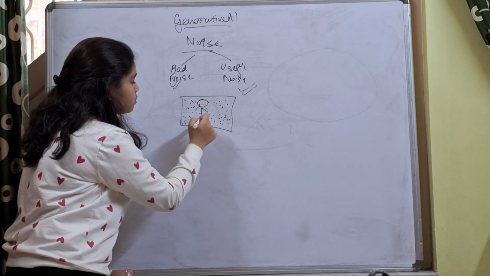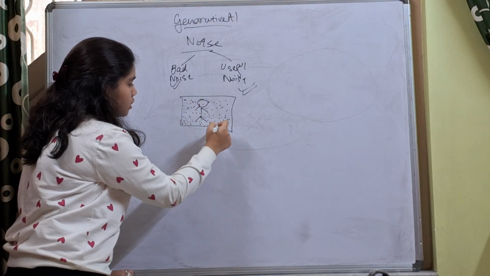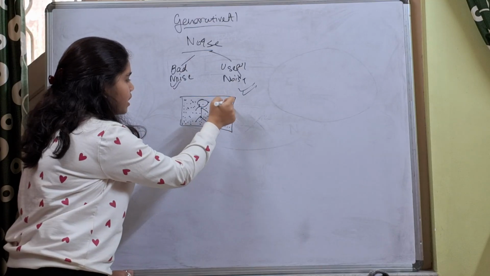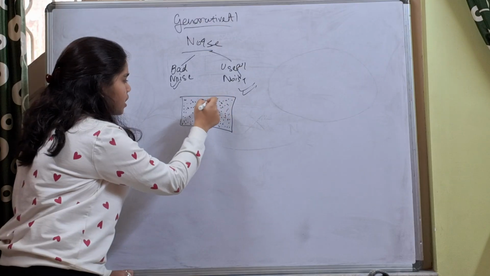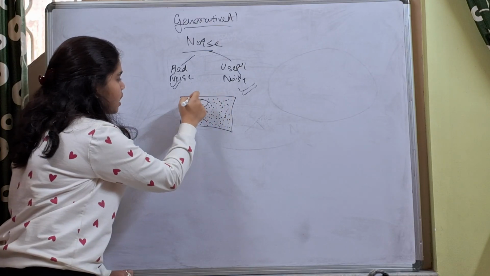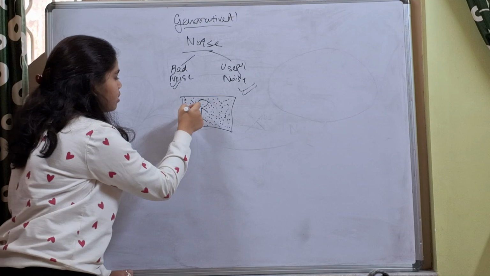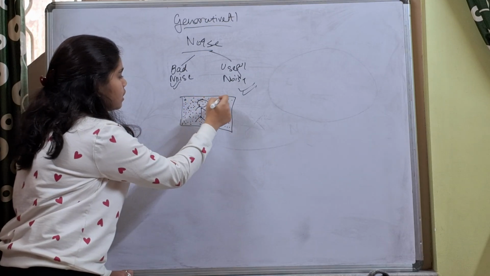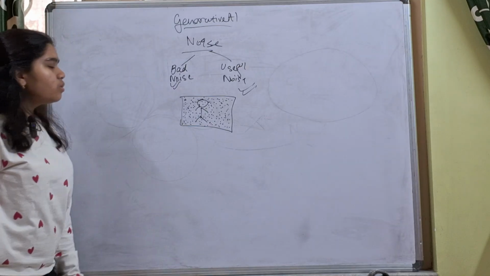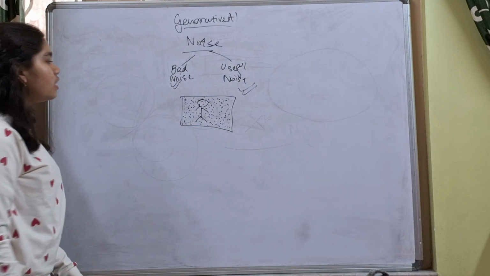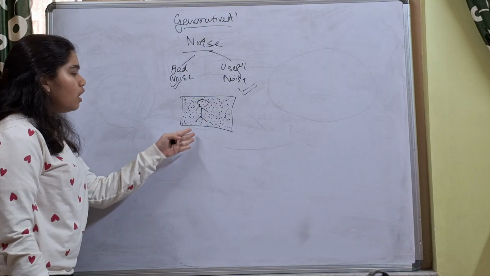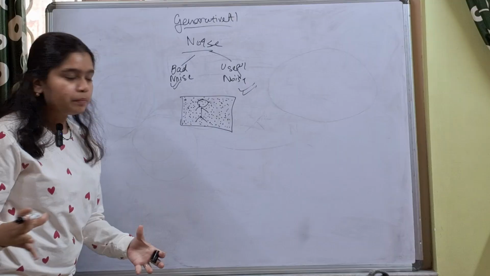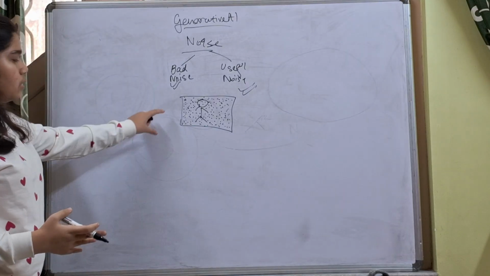The image becomes fully noisy. The shapes of the image start disappearing, becoming invisible. The image becomes extremely blurry and pixelated. The image becomes horrible. First it was the image of a man, now it looks like the man has got chicken pox or smallpox. So the image becomes extremely blurry, the shapes start disappearing. The image becomes like this.